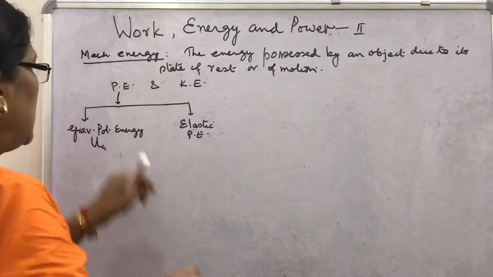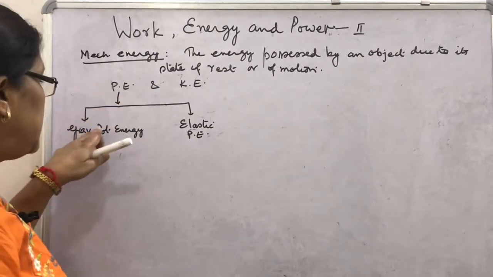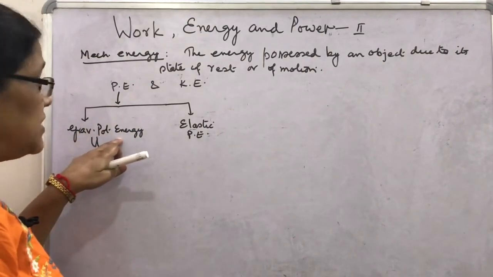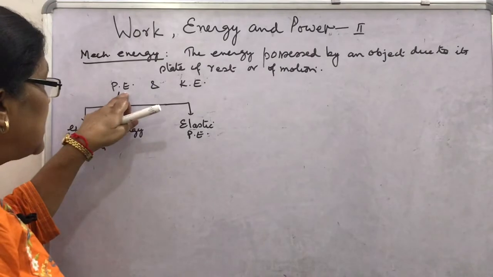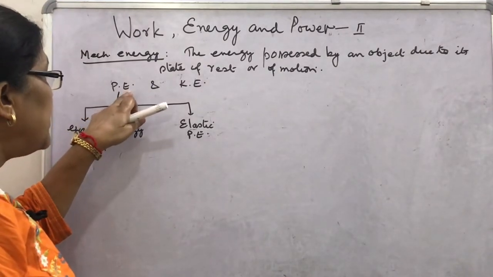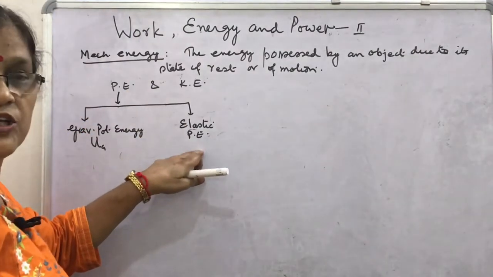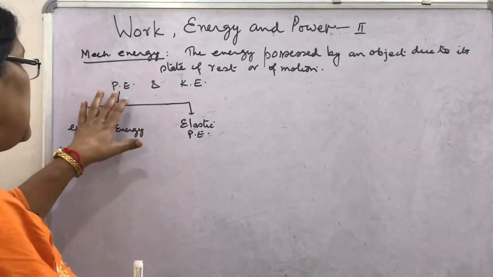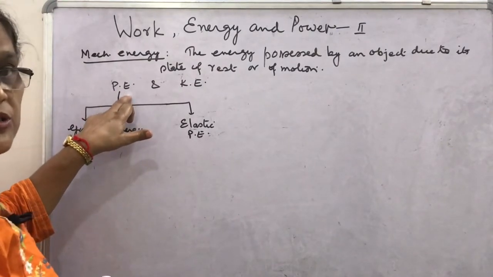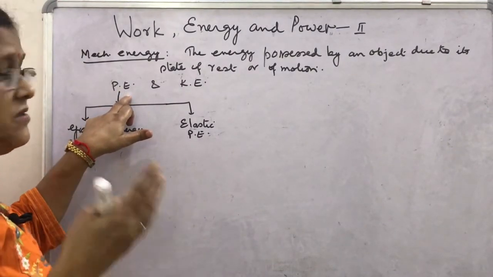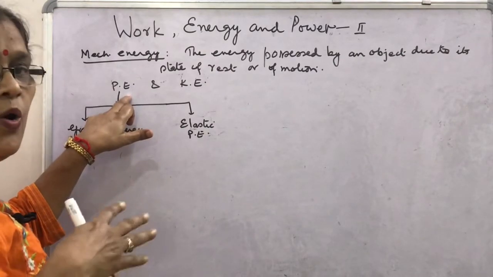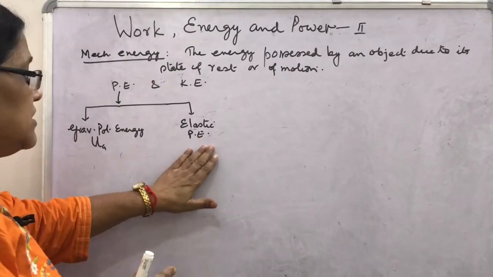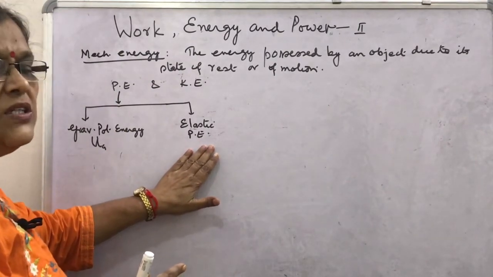What we discussed earlier, potential energy due to change in position of the object, is gravitational potential energy. And change in shape or size is elastic potential energy. Learn it: potential energy in general is the energy possessed by the object due to change of position or change in shape or size. The change of position gives gravitational potential energy, and change in shape or size gives elastic potential energy.